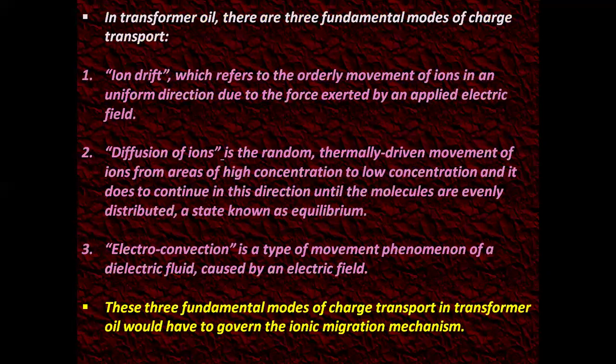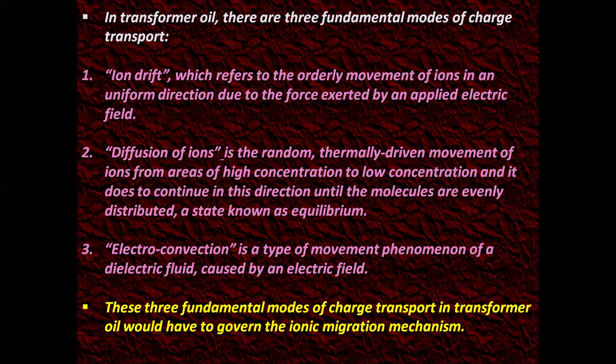In transformer oil, there are three fundamental modes of charge transport. One, ion drift, which refers to the orderly movement of ions in a uniform direction due to the force exerted by an applied electric field.